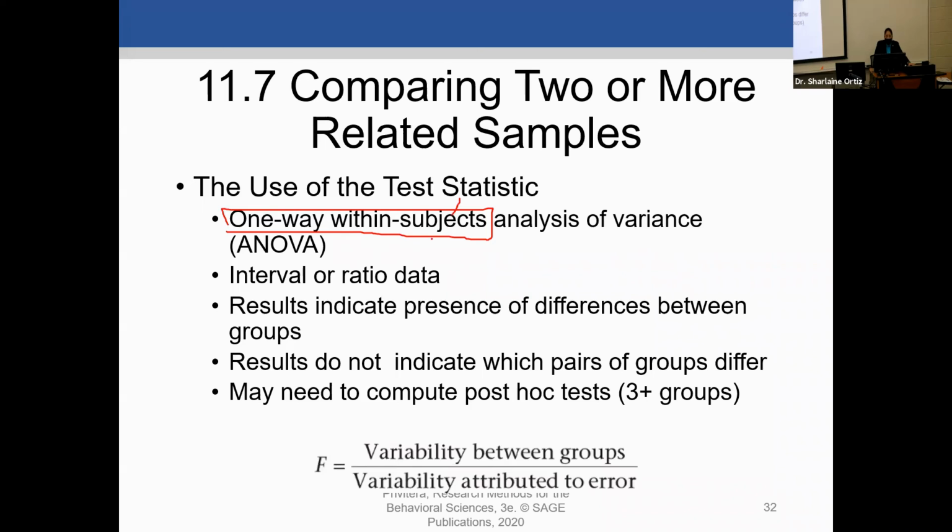So this is the type of procedure that we're going to be utilizing today. We are only going to be able to utilize this test statistic on an interval or ratio scale, just like in our previous case.